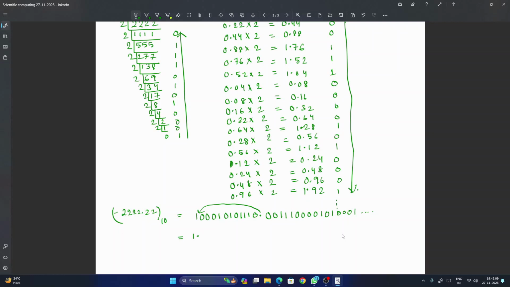Is it clear that in the before left sided portion these numbers are also used in the mantissa part after making it normalized?